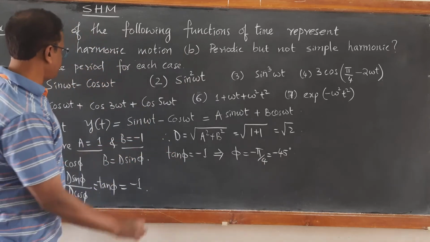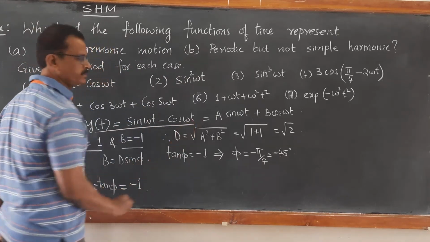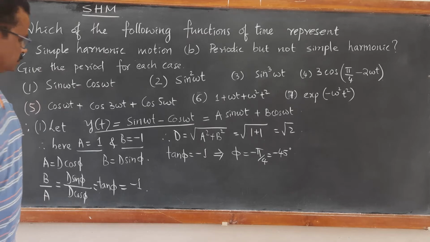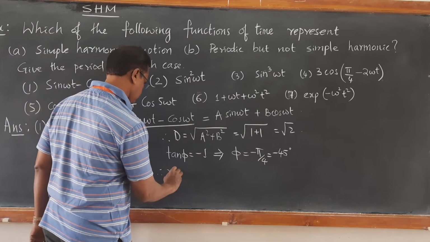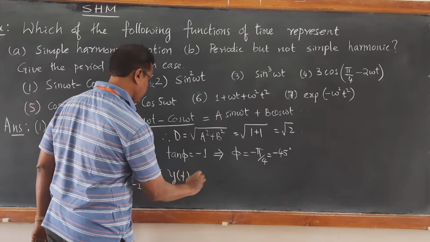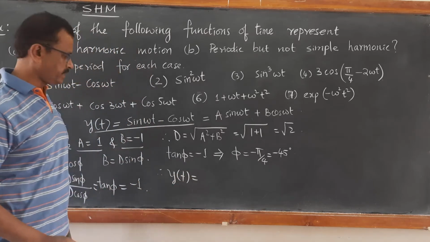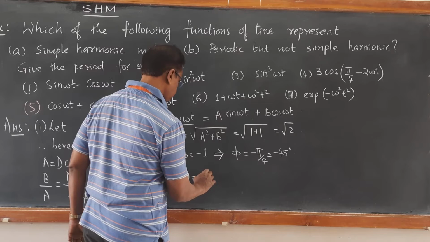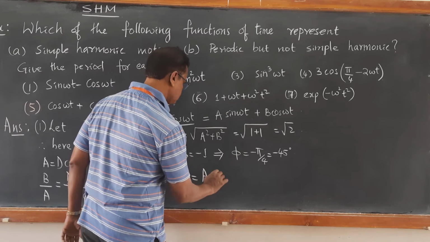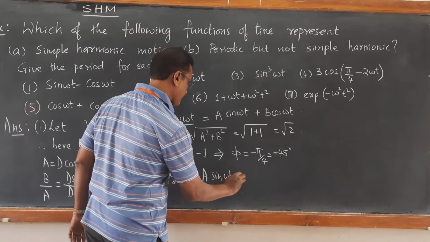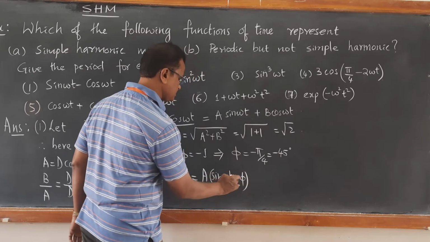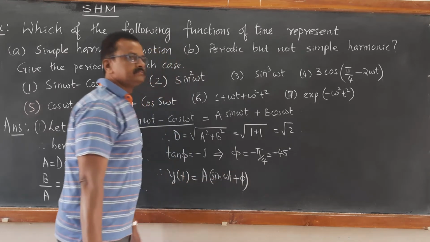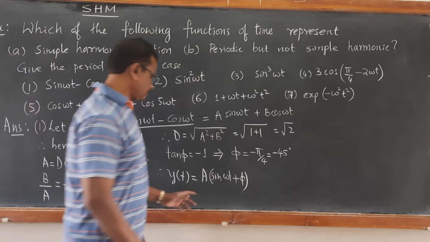Now we know the standard form of this, which we already dealt earlier. So therefore, I can write y as function of time t, combination of sine and cosine, can be written as A sin omega t plus phi. What is A?